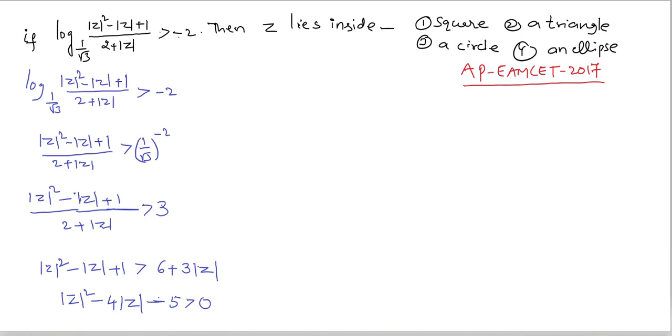That is mod z square minus 4 mod z minus 5, which is greater than 0.